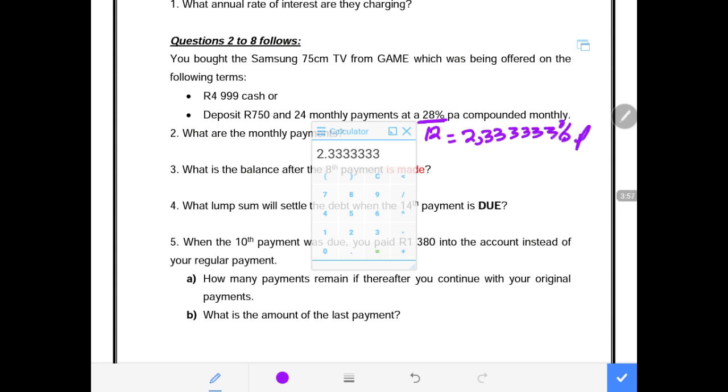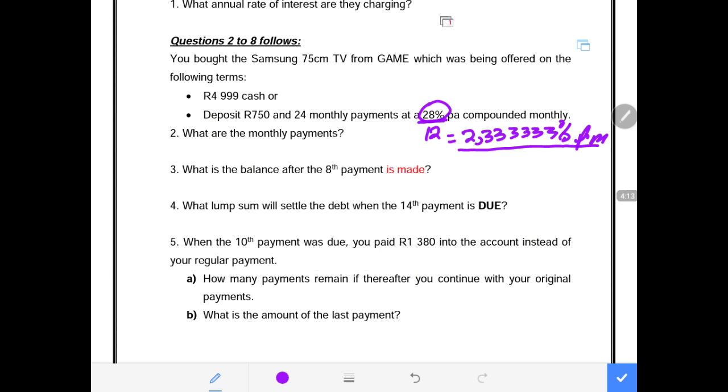So now this is interest per month, but 28% is per annum, compounded monthly, and 2.33 is interest per month and is compounded monthly. So I want to bring this because I might use it in my calculations along the way.